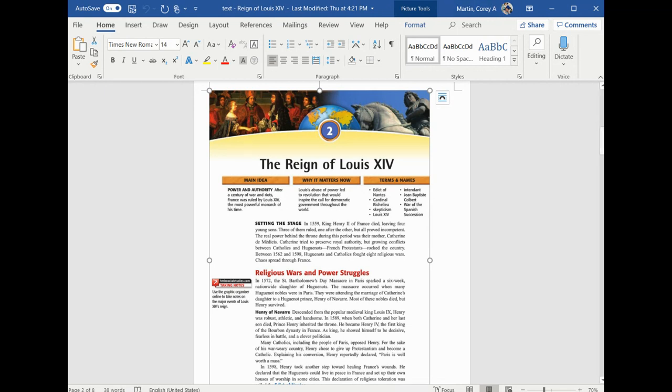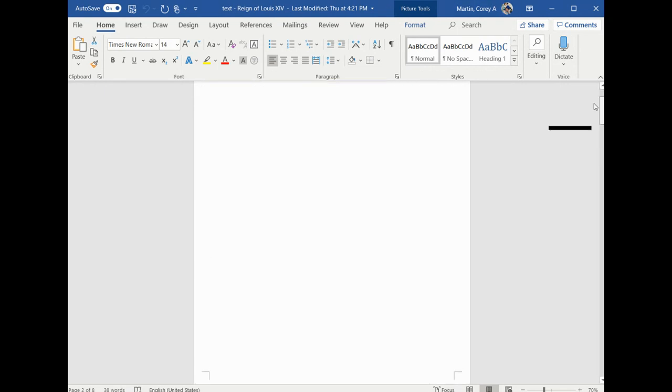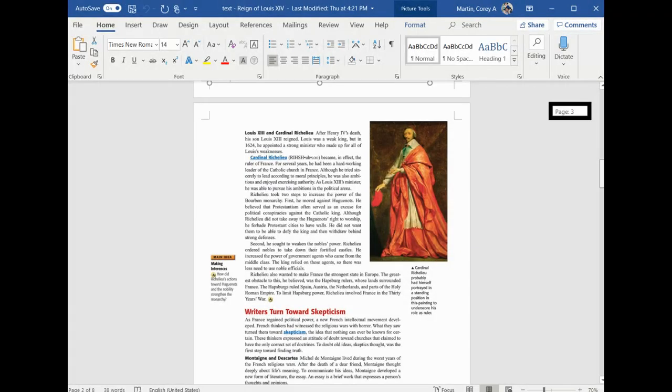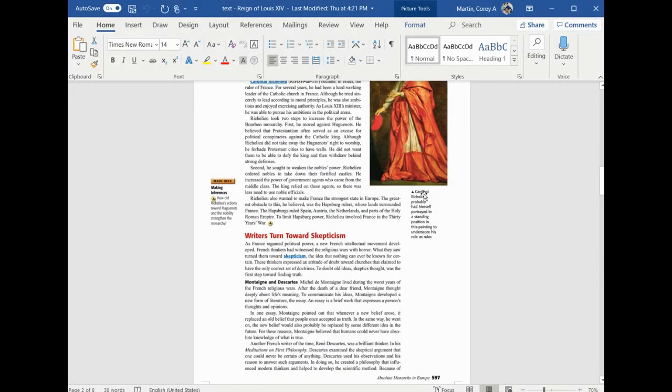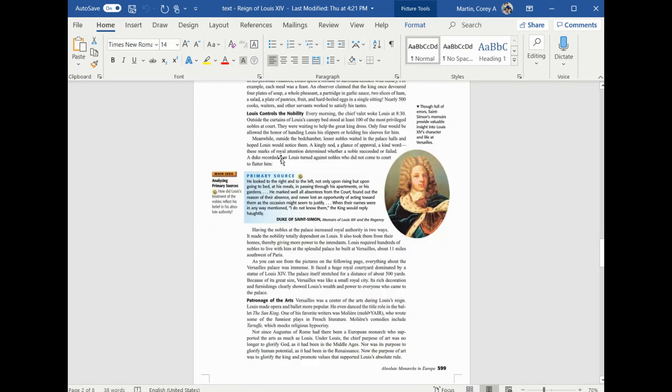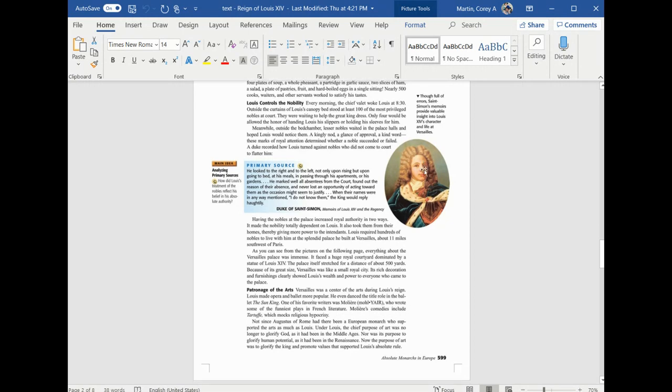Please note, as I read this, I'm not going to read the different little parts. Like, I'm not going to read the captions for some of the images, and I'm also not going to pause and read this primary source piece for this image of the Duke of Saint-Simon.